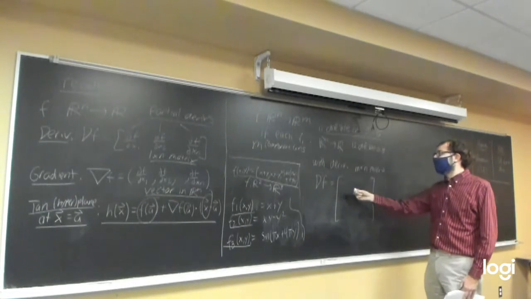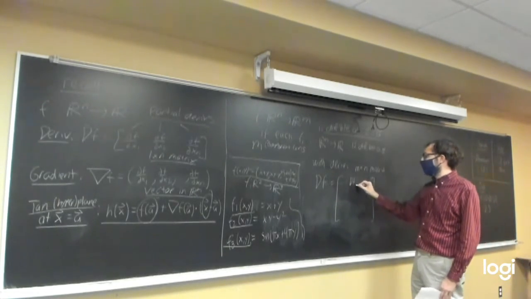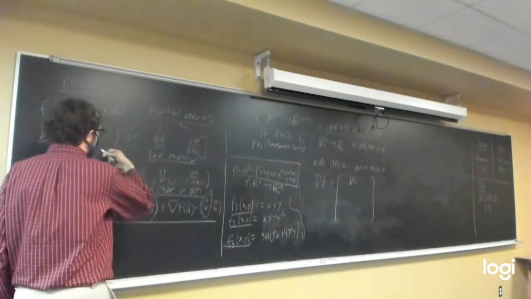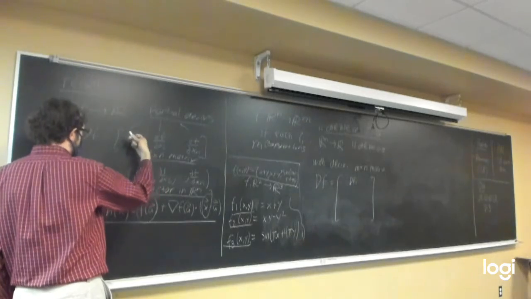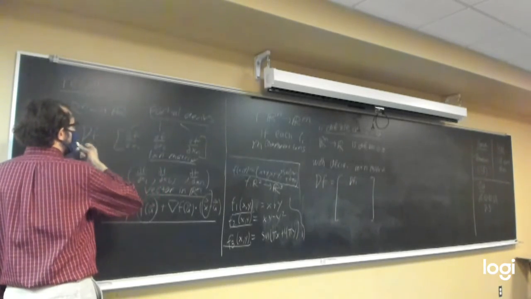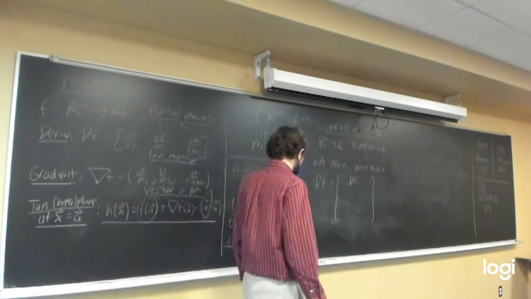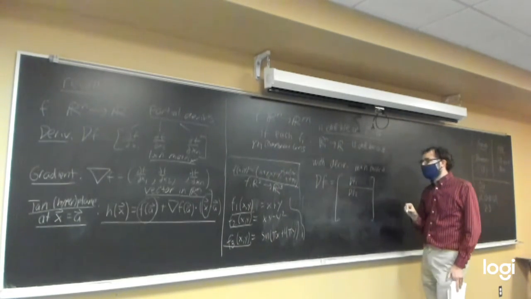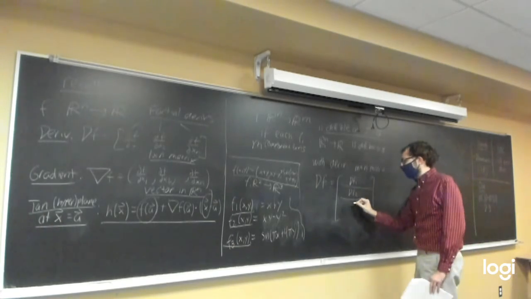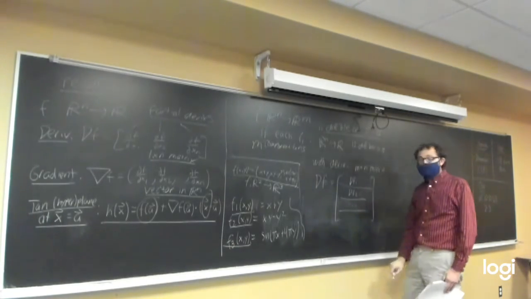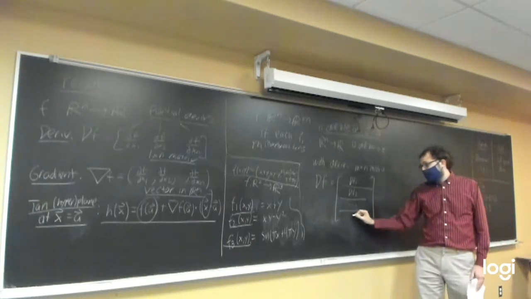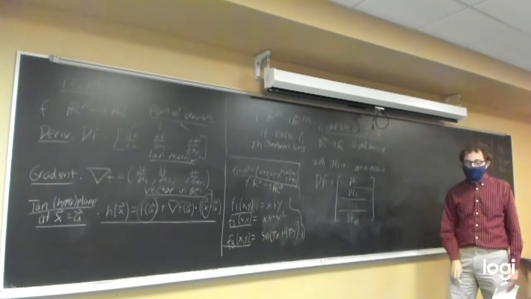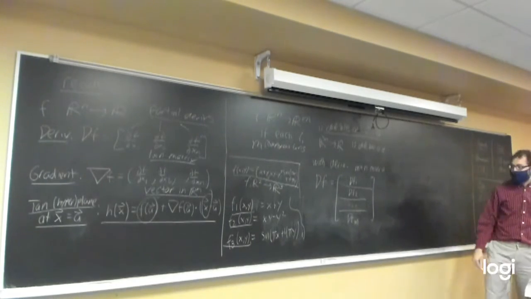So in other words, the first row of our derivative matrix is just going to be all the partial derivatives of the first component function. The next row will be all the partial derivatives of the second component function. And you just keep going down the line until the last row is going to be all the partial derivatives of your mth component function.